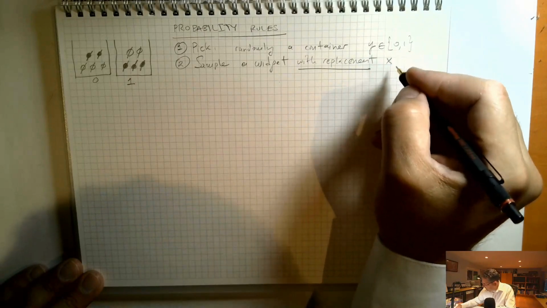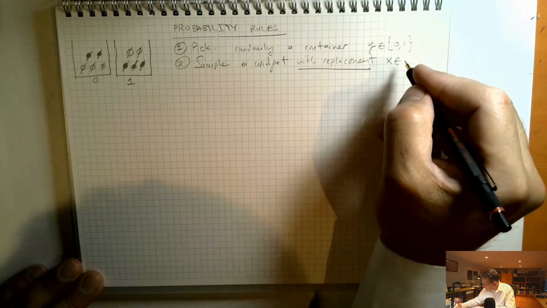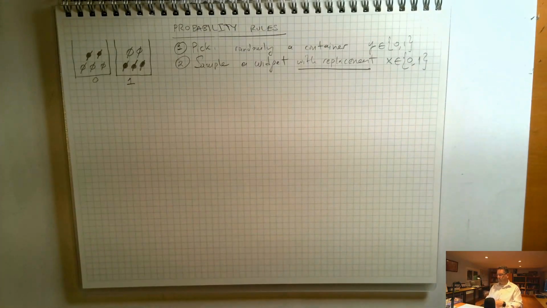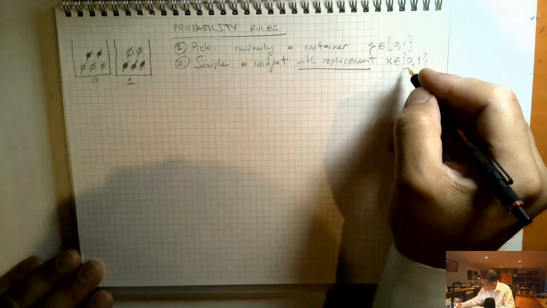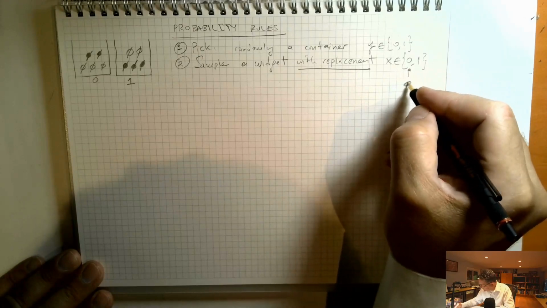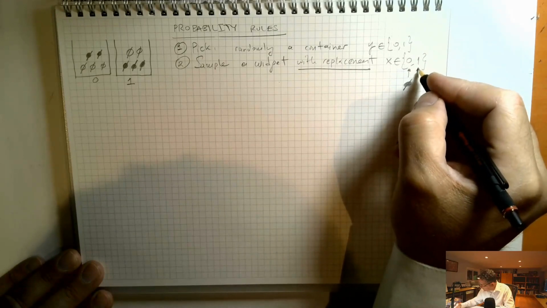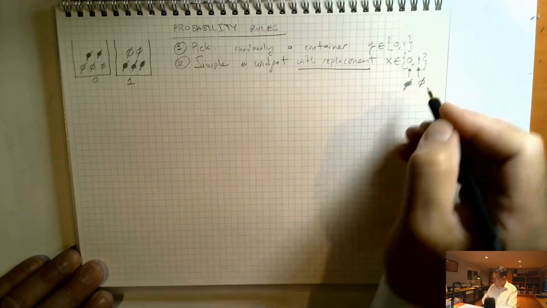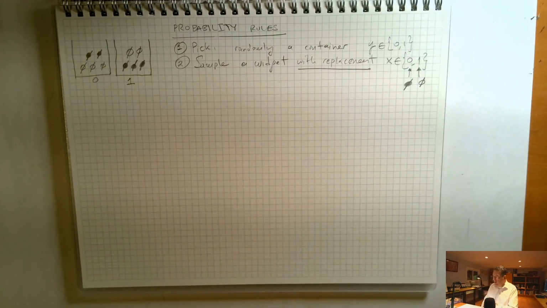The random variable for the widget is going to be X, and obviously X will be, let's say, 0 for the black widget, and 1 for the white widget. That's the mapping we have implemented, and there is a random variable to govern that sampling process.